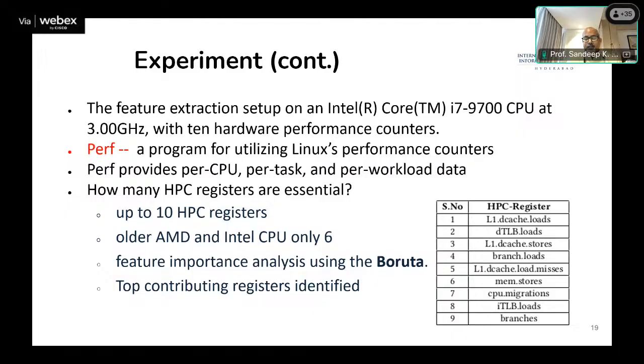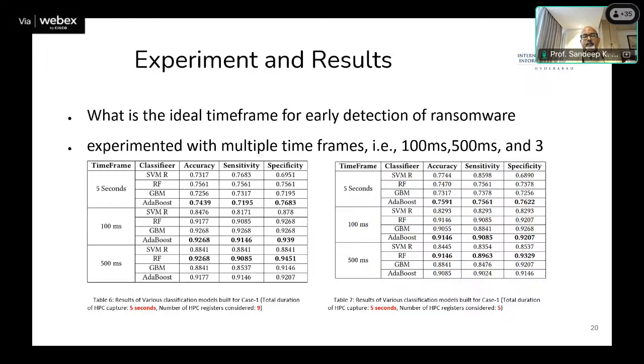So that's the way we tried to see what kind of features I can use in an effective way. This shows different variants of this experiment. As you can see, if I take a measurement only once in 5 seconds and use that to distinguish between ransomware and benign, then my accuracy is, at best, about 75%.